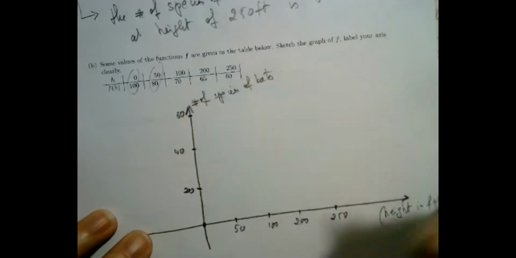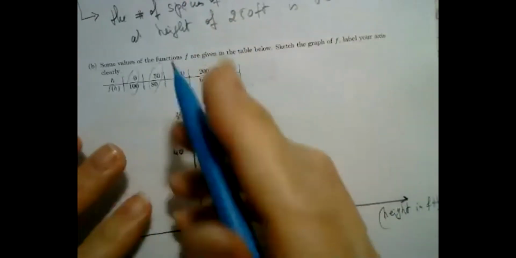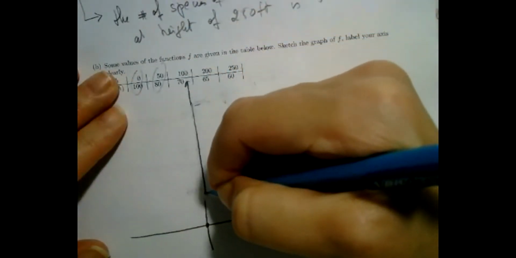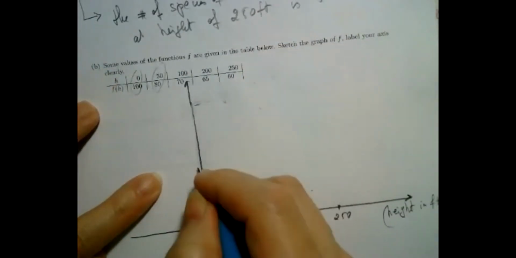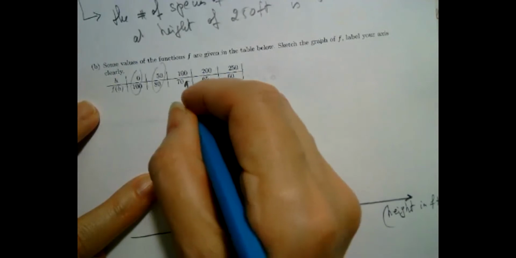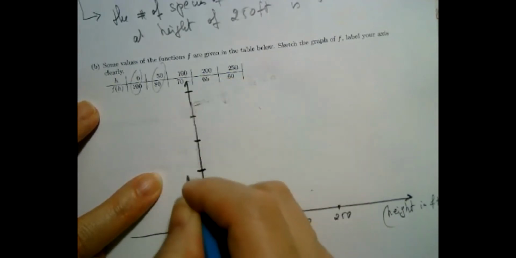Because we need some kind of scale. I'm going to go 20, 40, 60, 80, 100, okay?